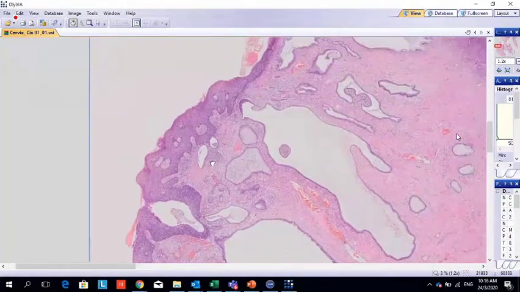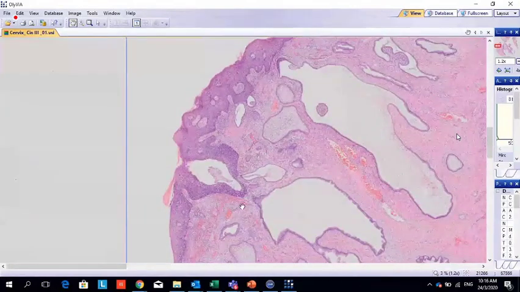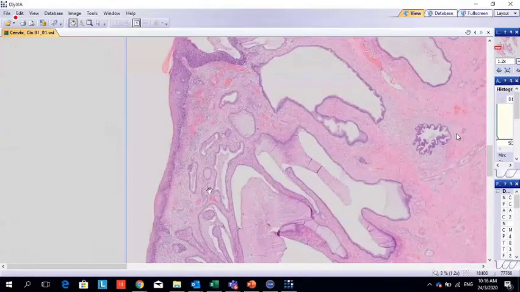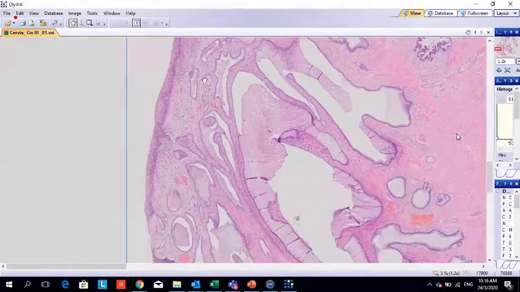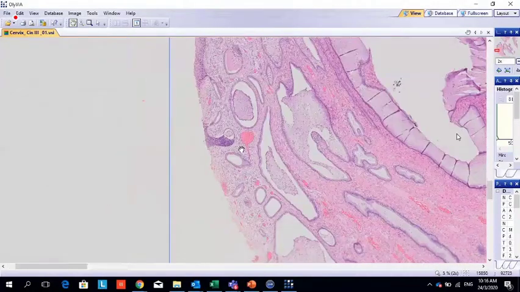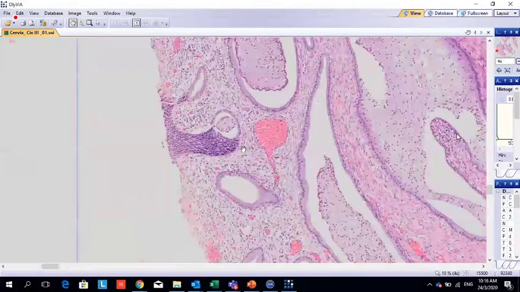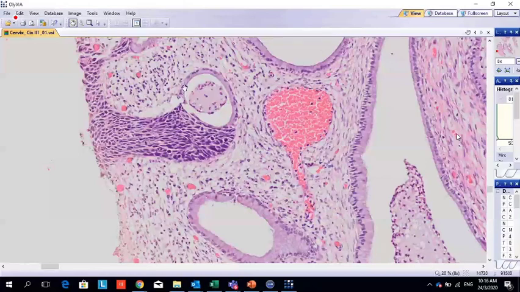Because if there is invasion, usually we have desmoplastic reaction from the stroma. I cannot see the desmoplastic reaction. Also this one, look here. Can you see the glands, okay?